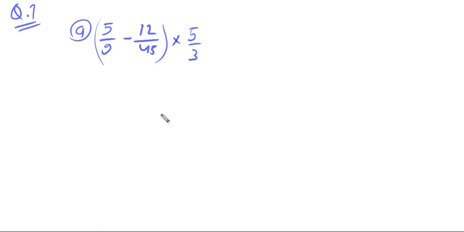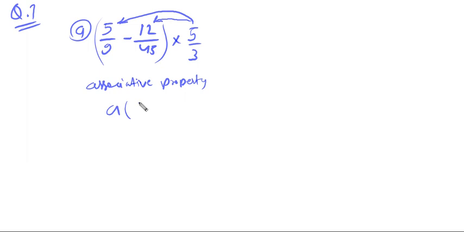So you can apply the associative property here. What does the associative property say? It says that if A is multiplying with B plus C, it will be equal to A into B plus A into C, like this, right?